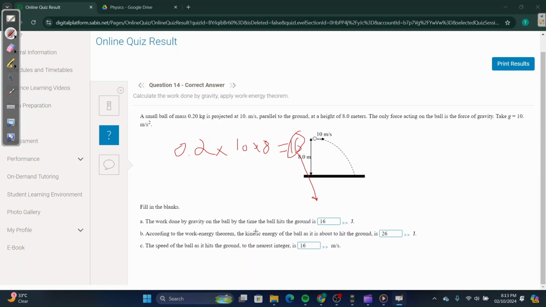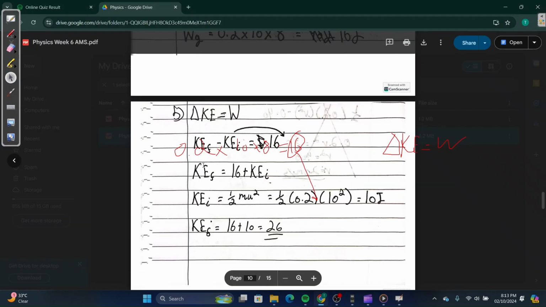Now, according to the work energy theorem, the kinetic energy of the ball as it is about to hit the ground: delta KE equals the work. We're just going to go to a couple of notes, it's going to be too long to write.